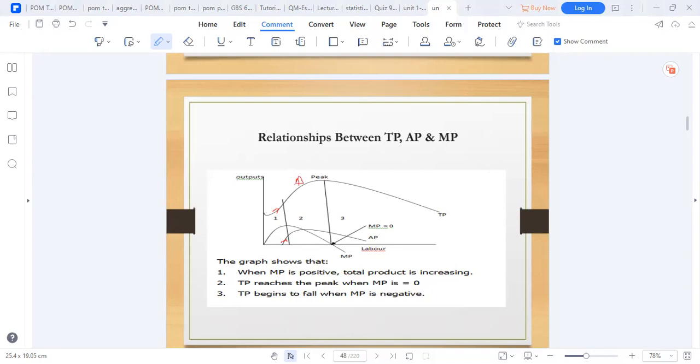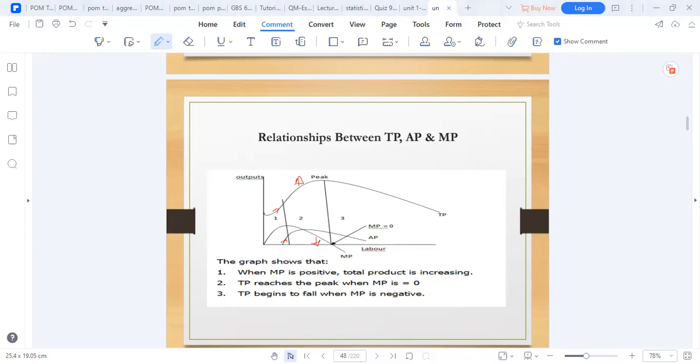What is happening to the marginal product? It is decreasing as we add any additional unit. Marginal product is decreasing. So this one is now going down. What else is happening?